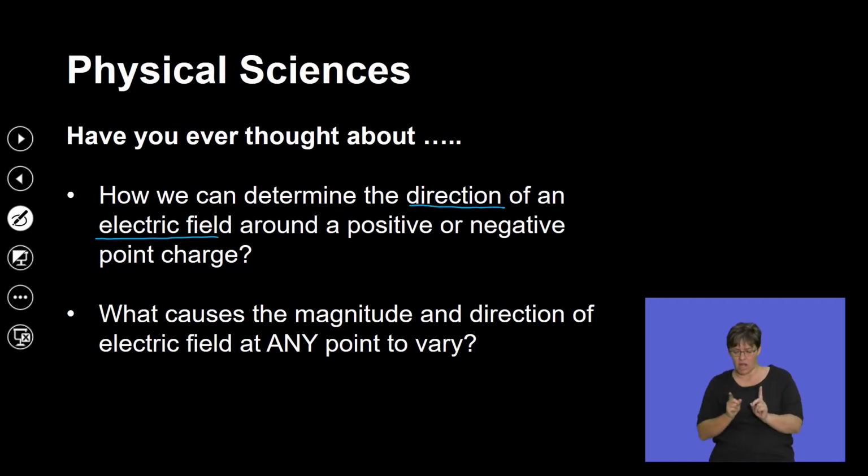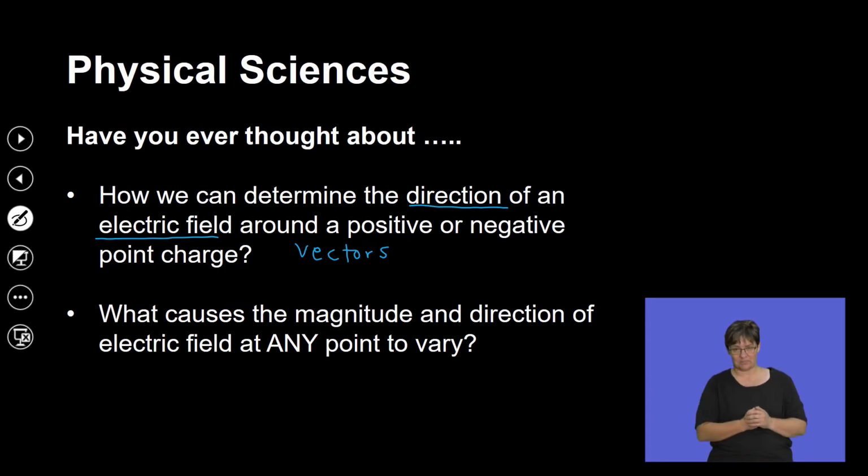Now, the moment we say direction, we are immediately thinking about vectors, okay? Hence, I indicated earlier that we shall talk a lot about vectors as quantities that have both magnitude as well as direction. So how can we determine the direction of an electric field around a positive or a negative point charge?